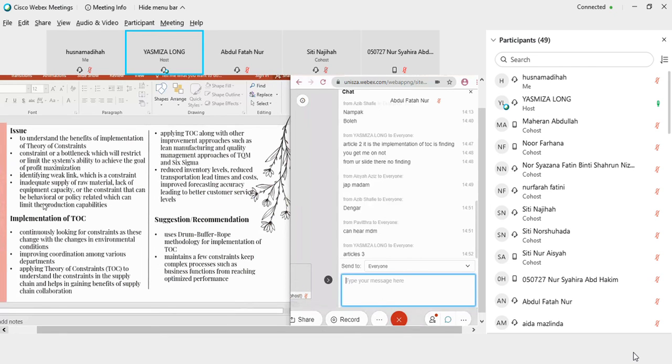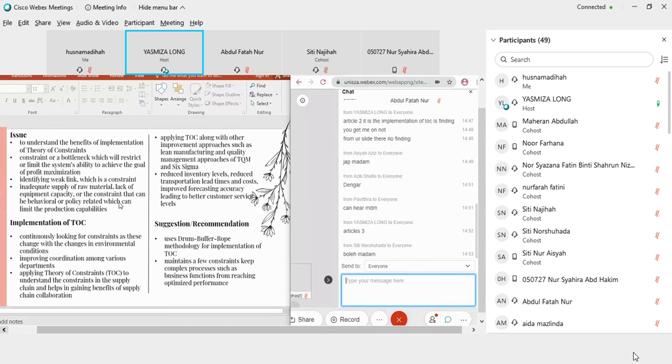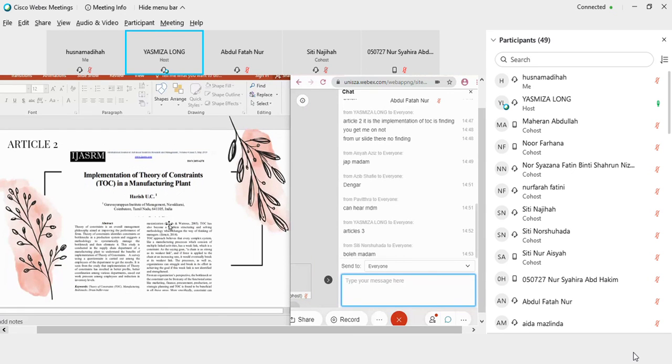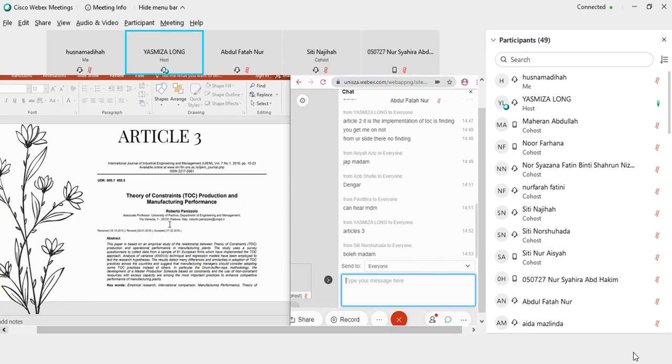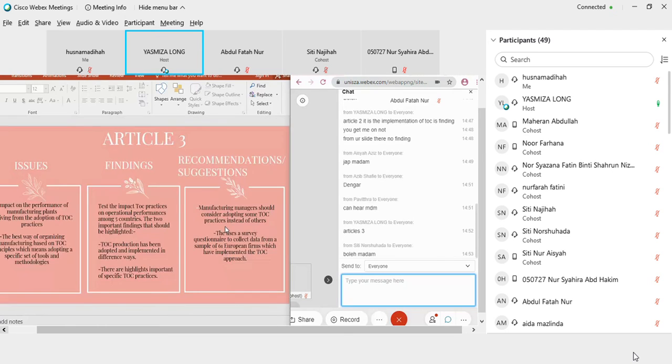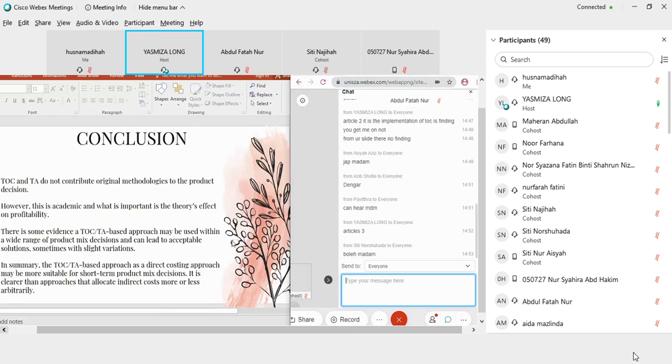Kita nak tahu sama ada dia just bagi suggestion ataupun memang dah dia orang dah apply, sebab artikel 3 tu memang bagi tahu siap-siap dia orang guna TOC tapi dengan pendekatan yang berbeza antara country. Sebab artikel 2 tu saya tak pasti.